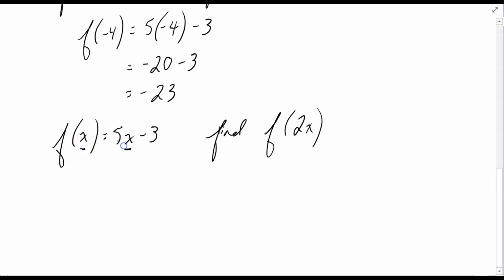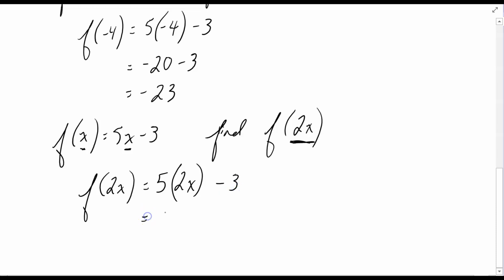Everywhere we see x in the original function, we now are going to change that to 2x. So f of 2x is 5 multiplied by whatever was there for x is now becoming 2x. Subtract 3, and that is 10x. Subtract 3, and there's nothing else we can do. Those are not like terms, so we cannot subtract.